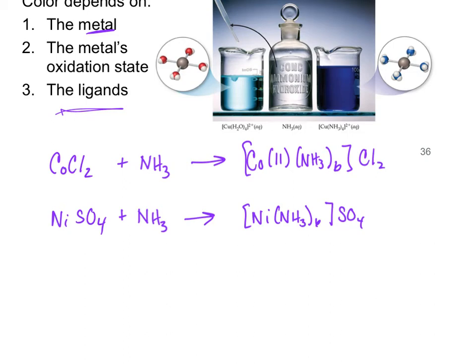Much prettier. So the only thing different here essentially is the metal center. So you can see how that affects the color of these solutions. They're very drastically different. We will talk about what's happening with electrons and why we get these drastically different colors.